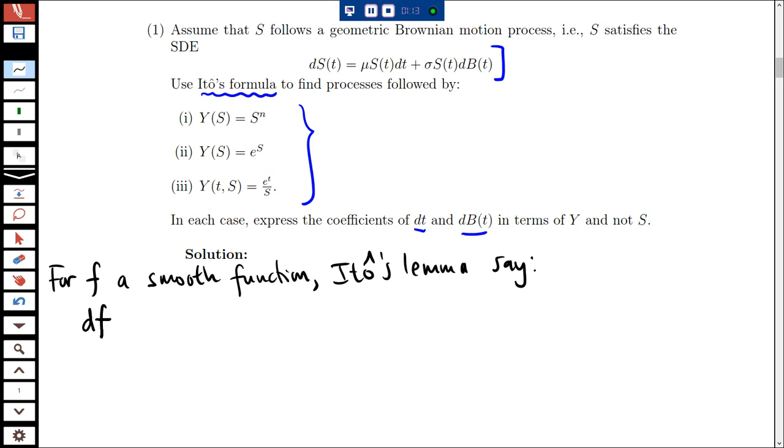It says that df, suppose this depends on t and s, is given as follows.